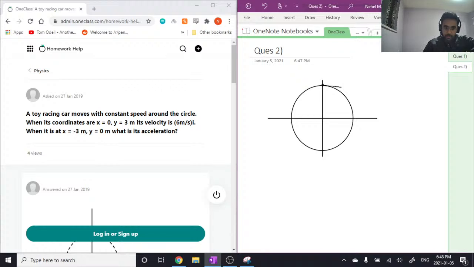and its velocity is strictly along the y-axis or the x-axis. So v is equal to 6 meters per second. Okay. Now it's asking when it is at x equal to negative 3 and y equal to 0, what is its acceleration? So when it's at this point, what is its acceleration? Now you have to note here that the question is specifying that it is constant speed.